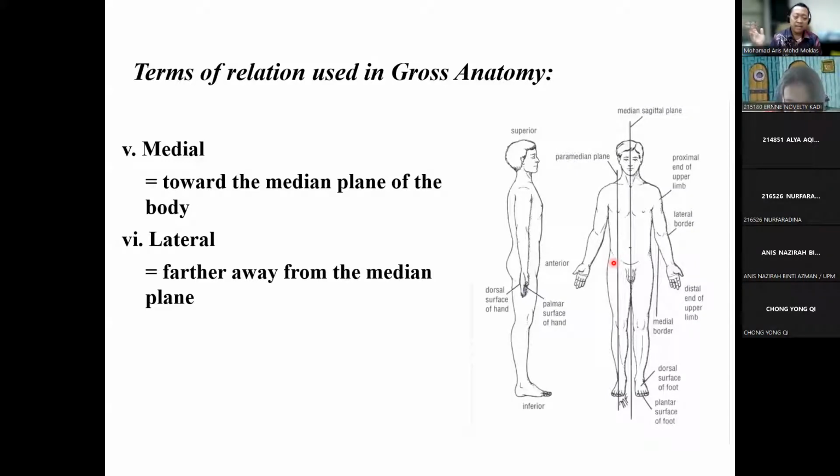The one farther away will be lateral. So that's the definition of medial and lateral. But do not confuse this when you read about the medial surface and lateral surface. The medial surface means the one facing the median plane. The lateral surface faces outward. All right, so that's medial and lateral.